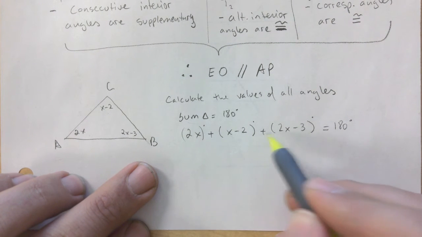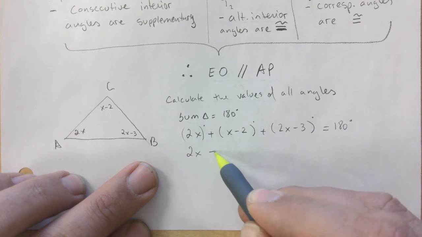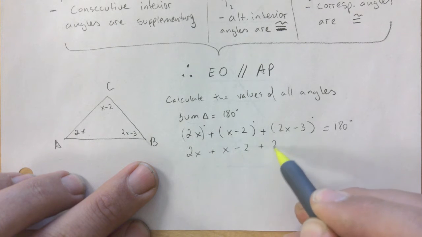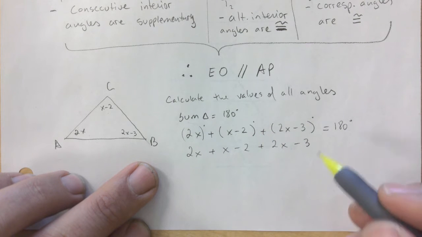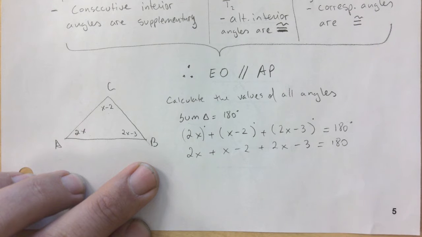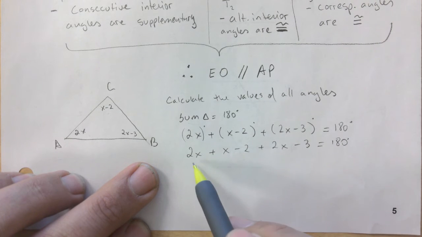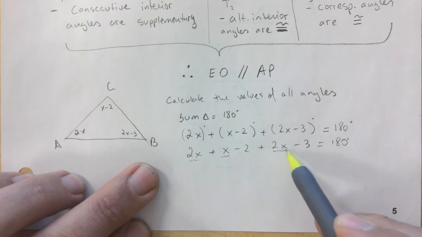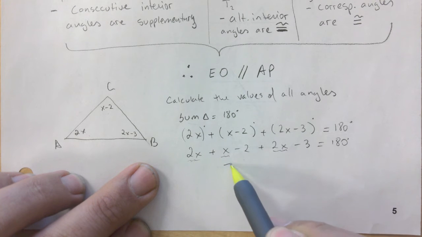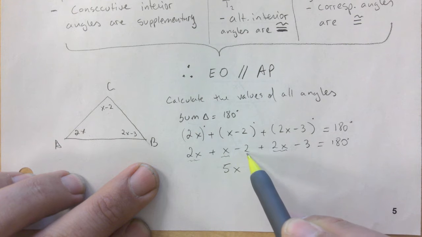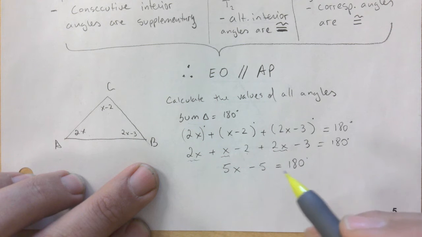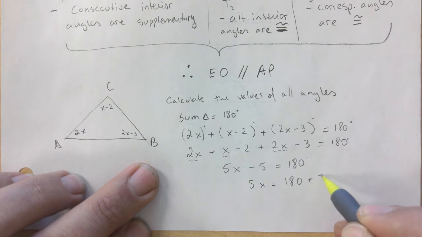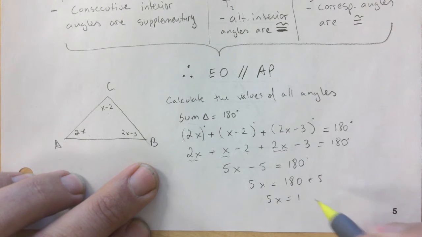Because it's always adding, you can get rid of the brackets. If you had negatives in front, then it would change the sign inside the bracket. In this case, it doesn't. So 180 degrees. Combine your like terms, so all your x's here, 5x, and you've got minus 5 is equal to 180. 5x is equal to 180 plus 5. 5x is equal to 185.